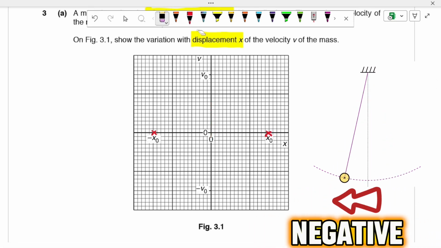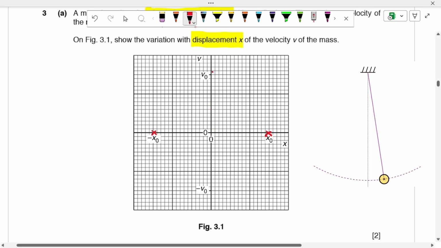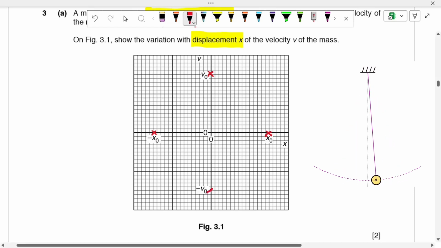It's going to be the maximum at equilibrium because it passes through the equilibrium fastest, then it decreases as it goes over there. It's decelerating because acceleration is in the opposite direction. Then on the other side, we also have something like so.